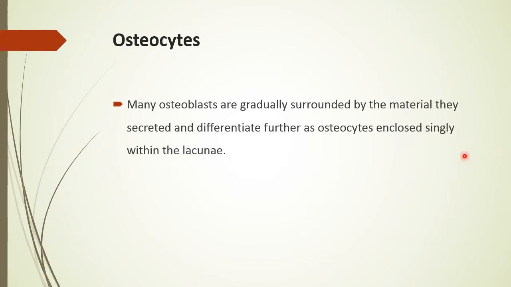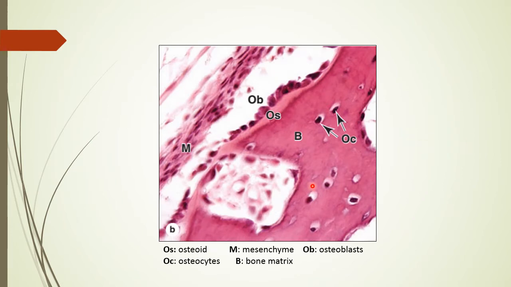So each osteocyte is enclosed in a single lacuna. When the osteoblasts finish the bone formation, they differentiate into osteocytes, and these osteocytes are found within lacunae. The lacuna is surrounded by the bony matrix.